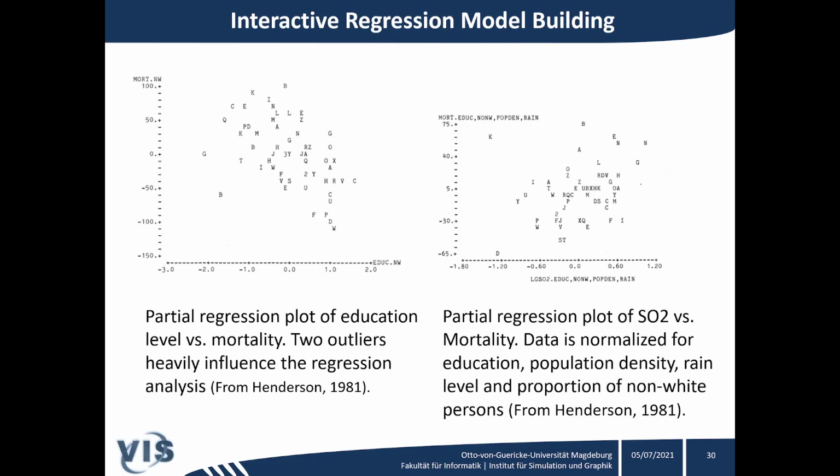So here in this case, we can see that on the left side, two outliers heavily influence the regression analysis, and on the right side you see the partial regression plot of the SO2 versus the mortality, where the data was normalized for education, population density, rain level, and proportion of non-white persons.